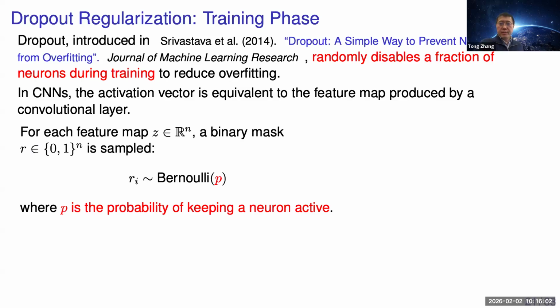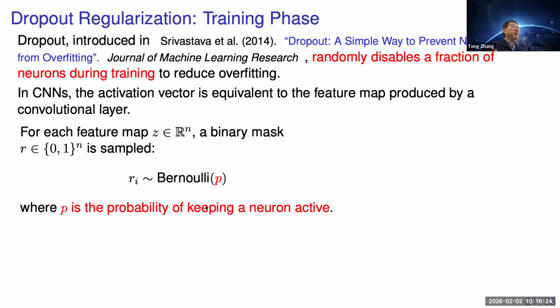So usually you sample each of the units or each channel output with a probability p, the dropout probability, and basically you sample 0 or 1, right?